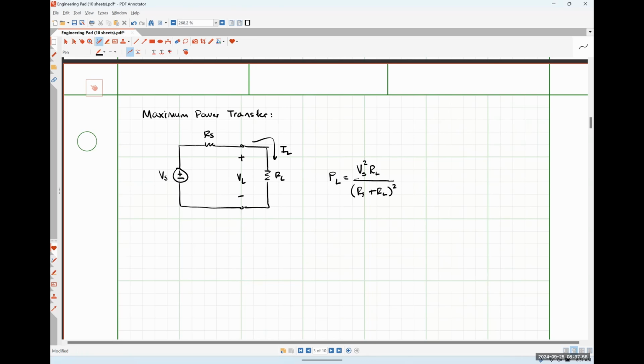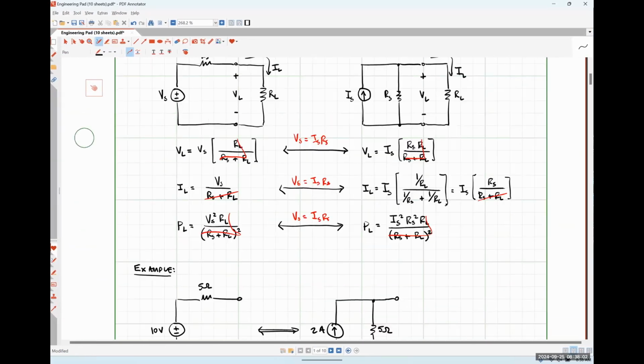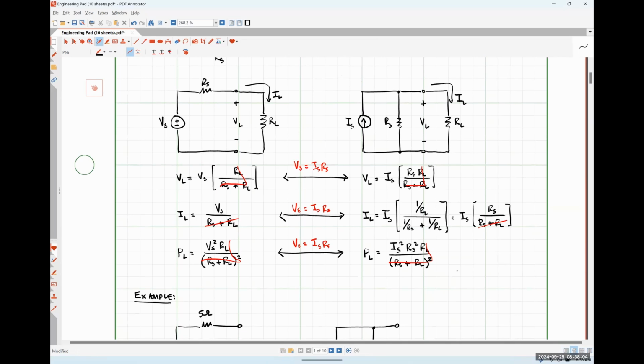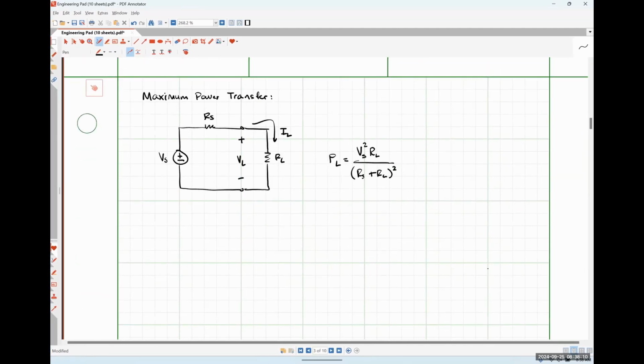I'm just going to scroll back up really quickly to make sure that I didn't make a mistake there. Okay. Vs squared times RL over Rs plus RL squared. Yep, that's what we came up with earlier. That's what I am sticking with.